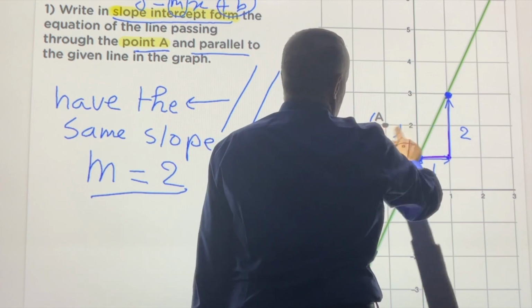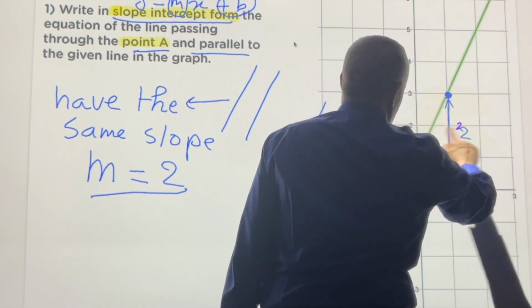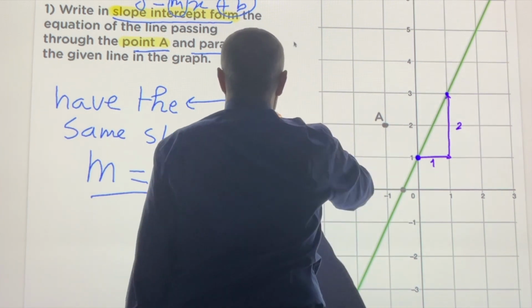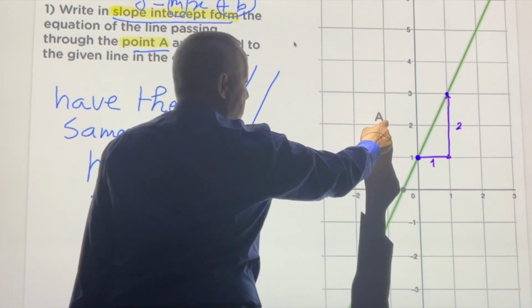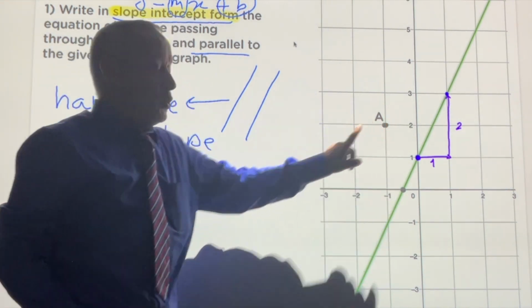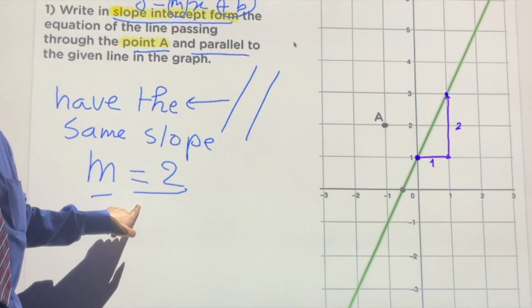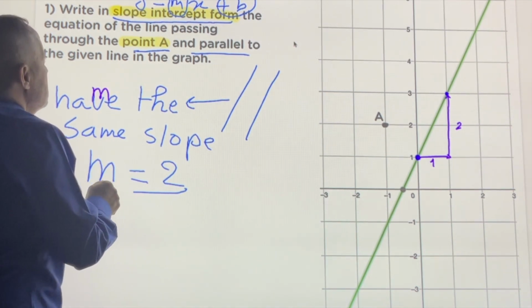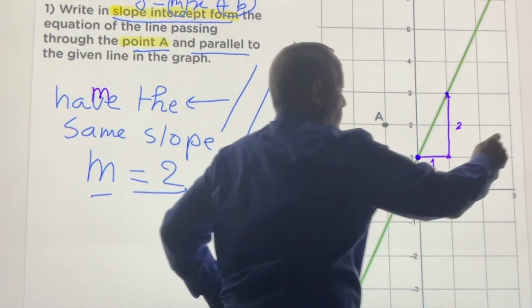We have what we call point slope. We have the point and we have the slope, so we can use the point slope form for the equation.